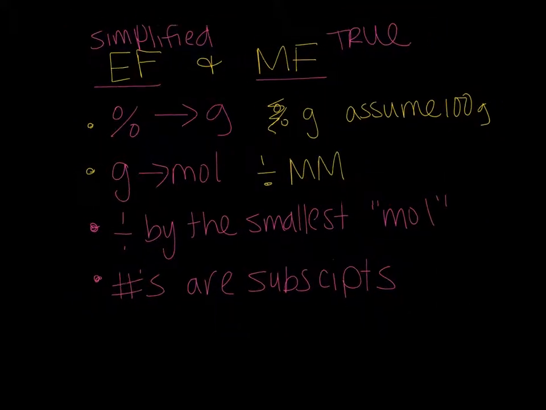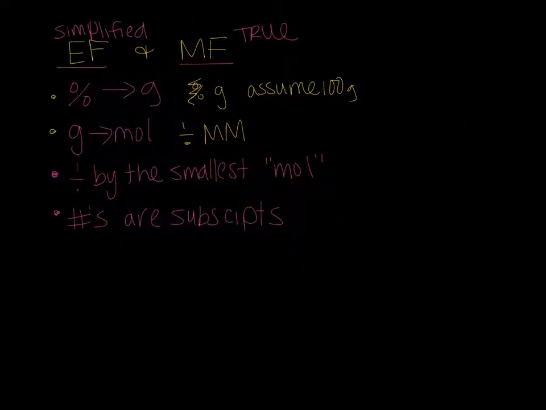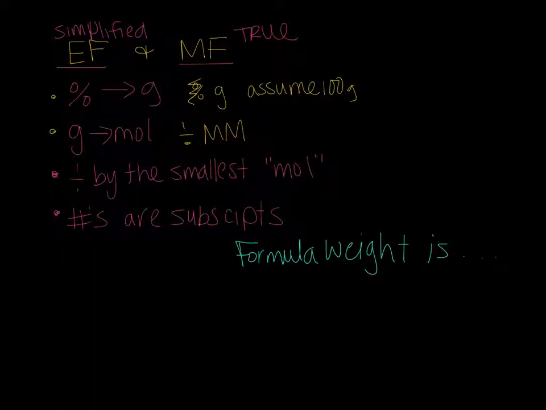Usually what we would do is we would ask you for an empirical formula and then ask you to then tell us what the molecular formula is. We would have to give you some piece of information. We usually give you the formula weight, okay? And if we tell you that, okay, that's your molecular formula mass, okay? You have to find your empirical formula mass.